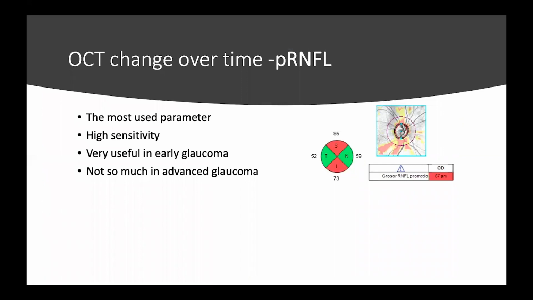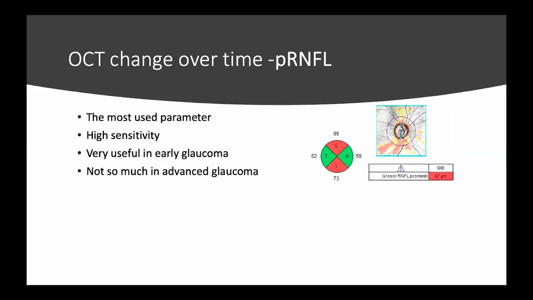And again, not only function is important, it's also important to assess structure over time. And we need to understand or have some ideas of how to assess OCT changes over time. The most used parameter, again, would be retinal nerve fiber layer. It has very high sensitivity and is very good for this.